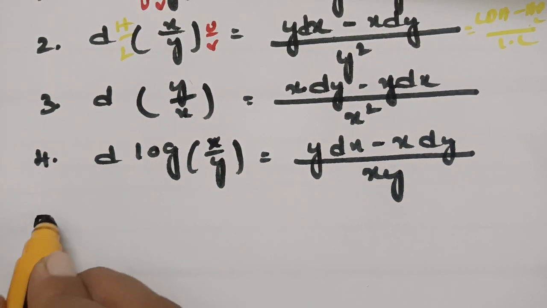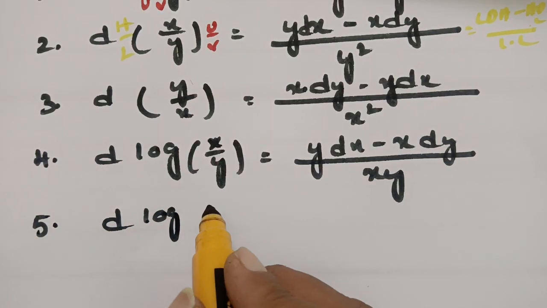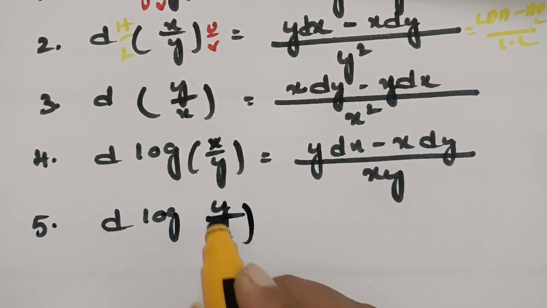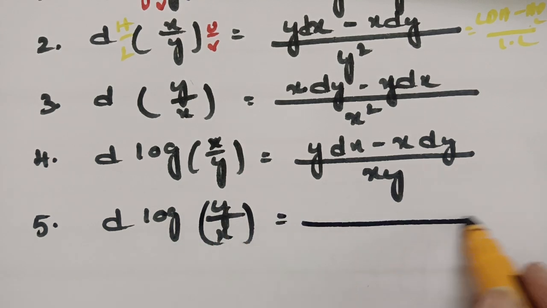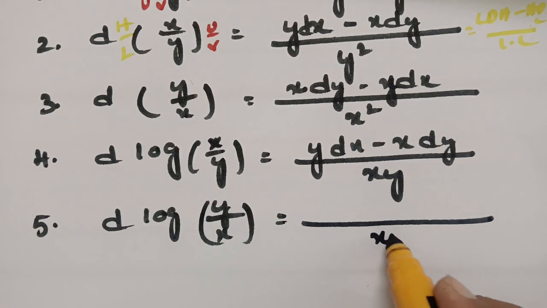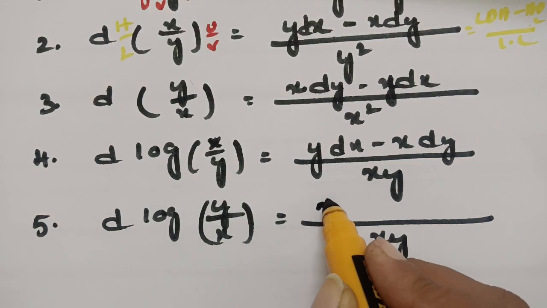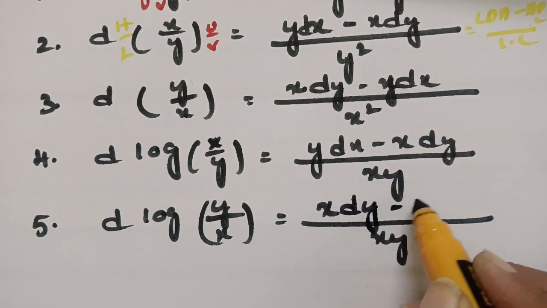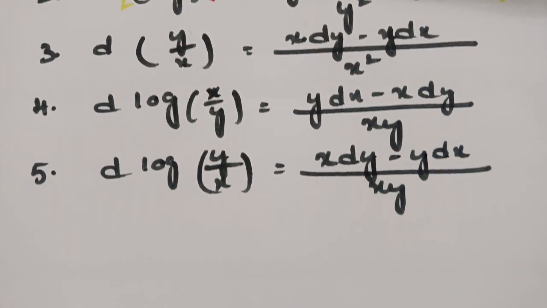The next one, the fifth, is the derivative of log of y by x. If it is a fraction and a logarithm, we go with the product in the denominator. If it is y in the numerator, we start with x dy minus y dx. Clear? This is the easy way to remember.